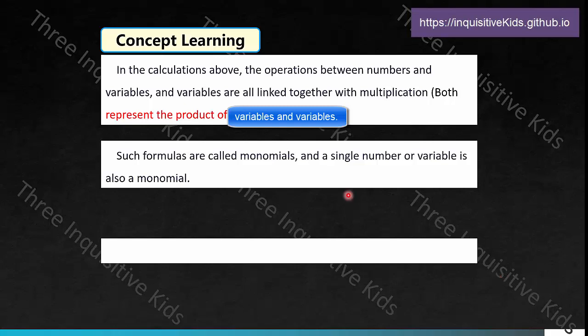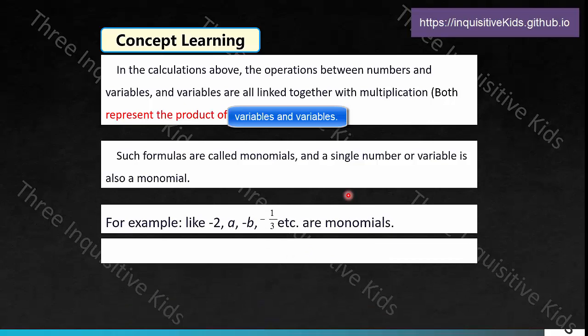The definition of monomials: numbers and variables linked together with multiplication, or a single number or variable. For example, -2, a, -b, -1/3, etc. are monomials. Now, 1 plus x, 1 divided by a, b over 2a, etc. are not monomials.